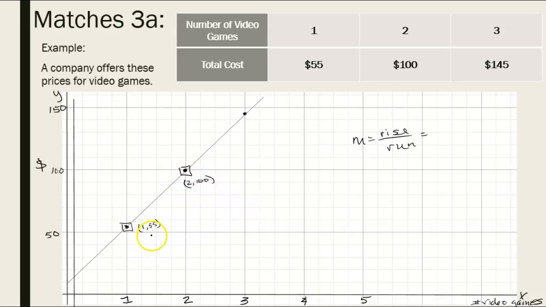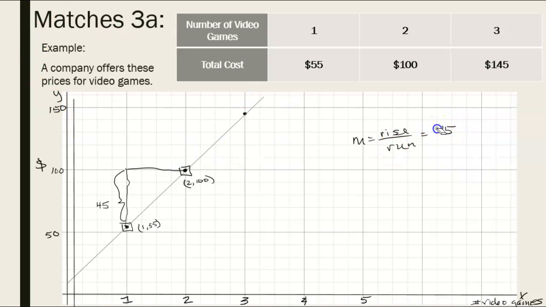So what is going to be my difference between 55 and 100? How much have we gone up here? In this particular case, you just do 100 minus 55, that's going to give you 45. So my rise is actually 45.